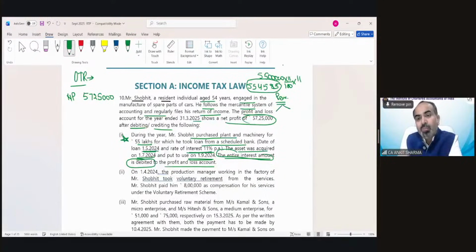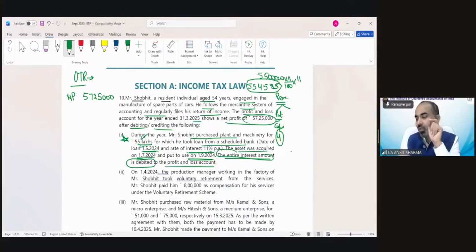Because up to put to use, the interest needs to be capitalized. That would be from May till August. So from May, June, July, August, the 4 months' interest needs to be capitalized. That should not be allowed as revenue expenditure. It should be added back to the cost of the asset.